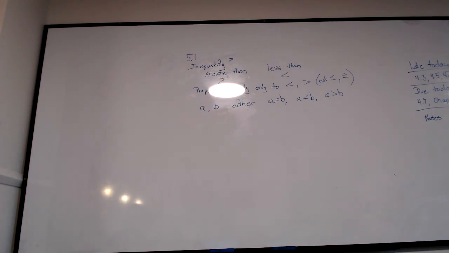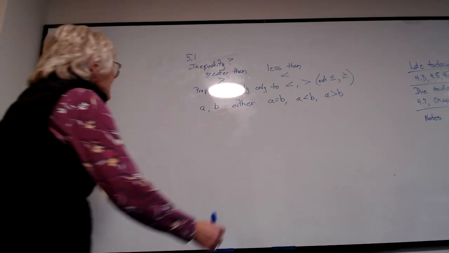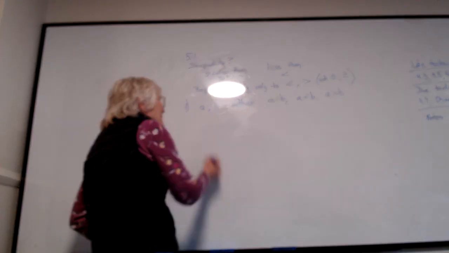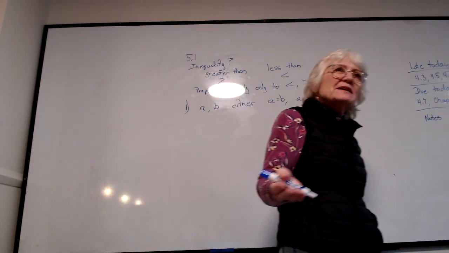There's only three possibilities. If you have two things, A and B, then either those two things are equal, one of them is less than the other, or that one is bigger than the other. So that's really what the first one tells us. It's kind of a silly one because that's an obvious statement.